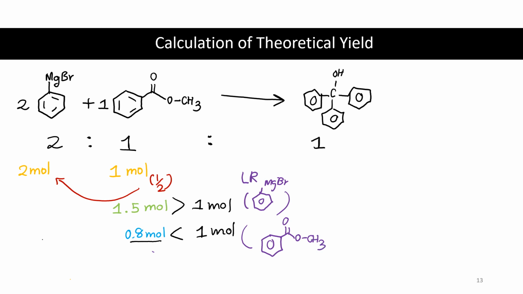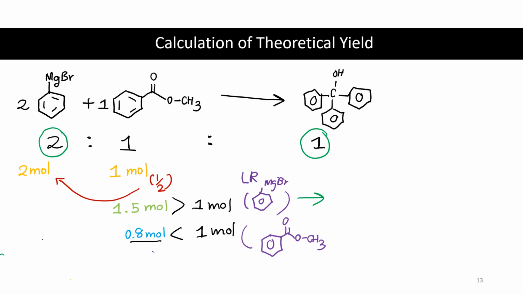So once you decide the limiting reagent, then look at the molar ratio between the limiting reagent and the product. So let's take, since 1-to-1 molar ratio is pretty easy, let's take our second example, where phenylmagnesium bromide was the limiting reagent and the molar ratio between that and the product is 2-to-1.